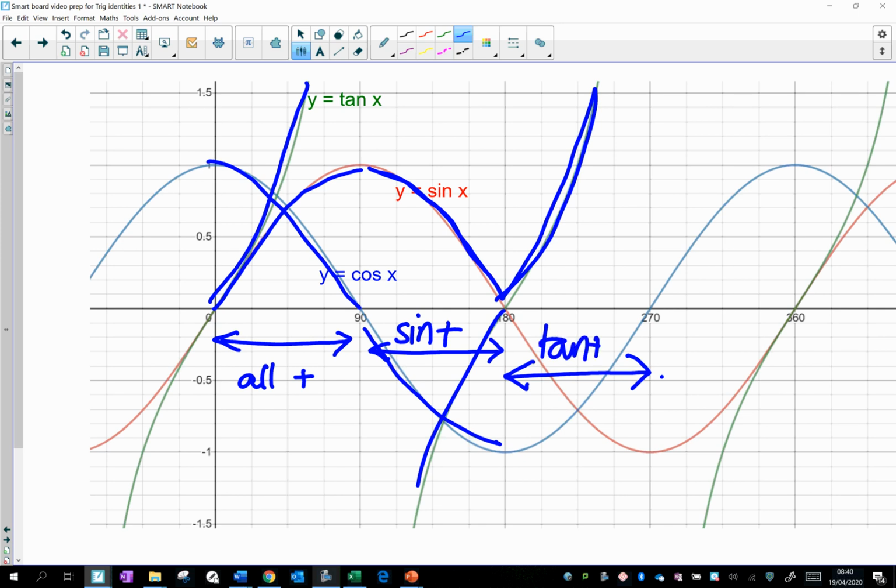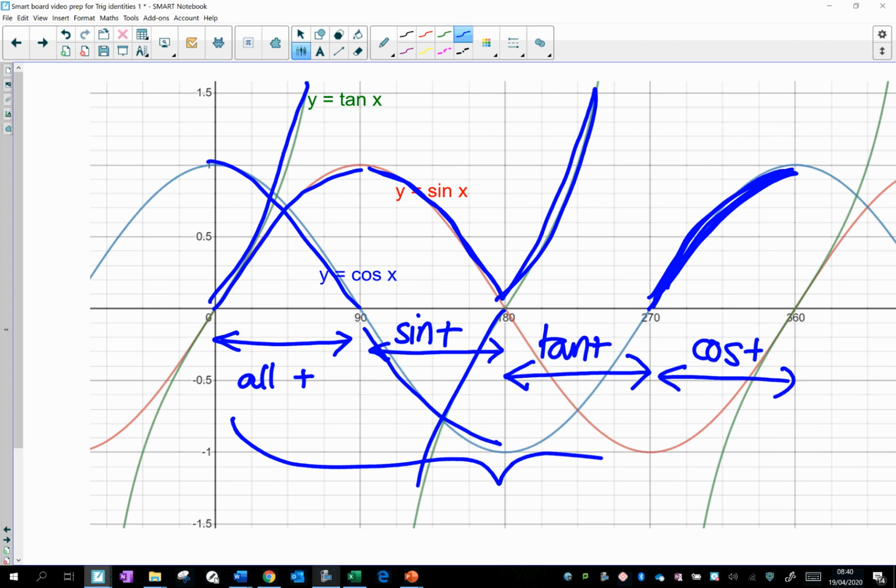And then between 270 and 360, this is the only positive one, so cos is positive between 270 and 360. So just get your head around those. After 360 degrees, as you know, all the graphs start to repeat. So this sequence of positivity repeats, and it also repeats in a negative direction down here.